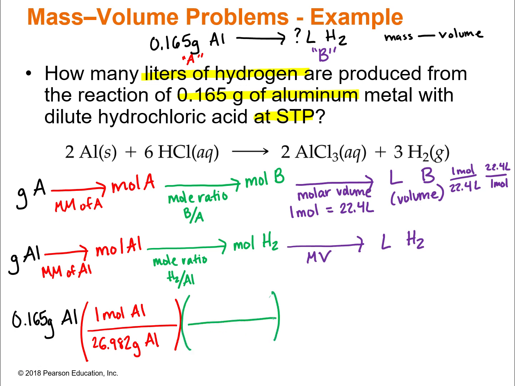Haven't done anything new really yet. We're looking at hydrogen gas. There's a 3 in front. So that's 3 moles of hydrogen gas. Then we need the aluminum. 2 moles of that. That's our mole ratio.